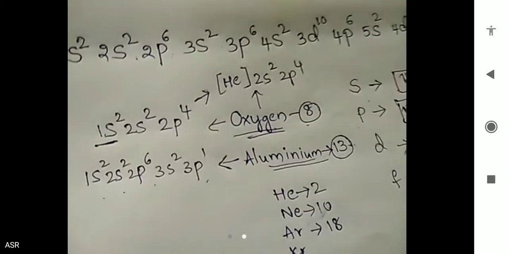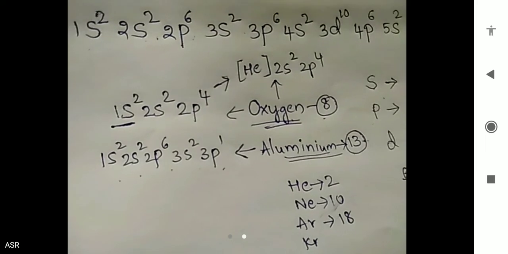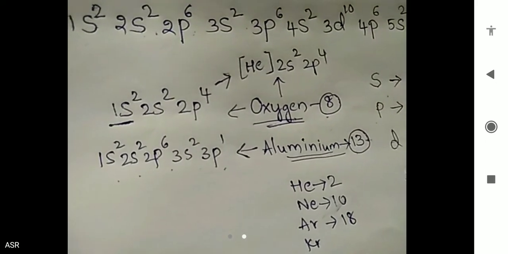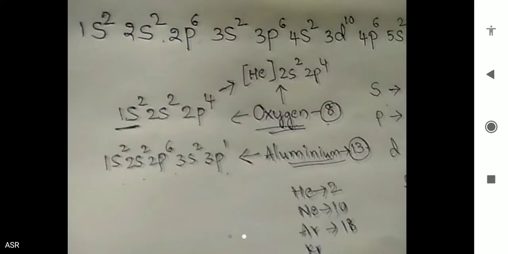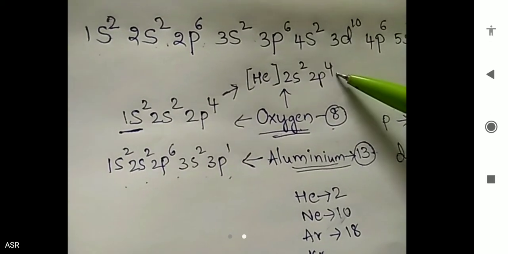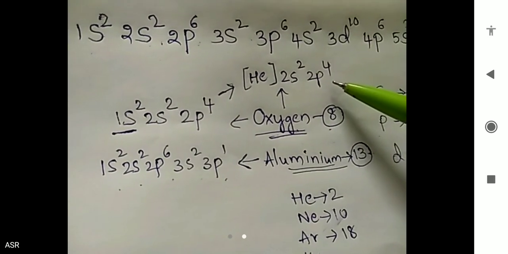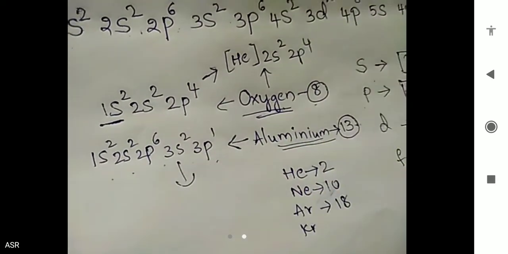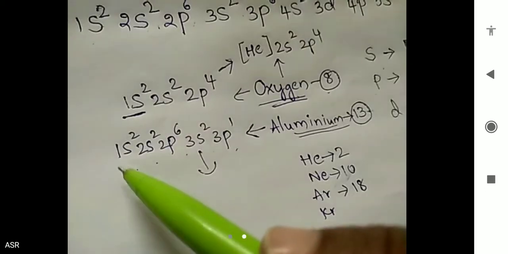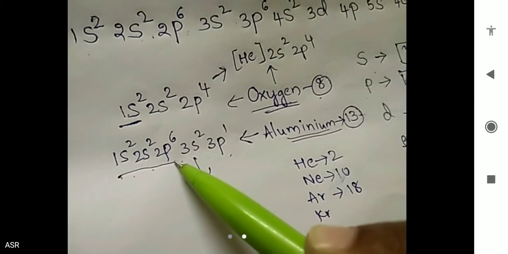See, this is one more valence shell configuration of oxygen. You can write it in this way. How many electrons are there in the oxygen valence shell? 6 are there. Okay, so in this way we are going to write. Now you can see 1s2, 2s2, 2p6 is the configuration of neon.